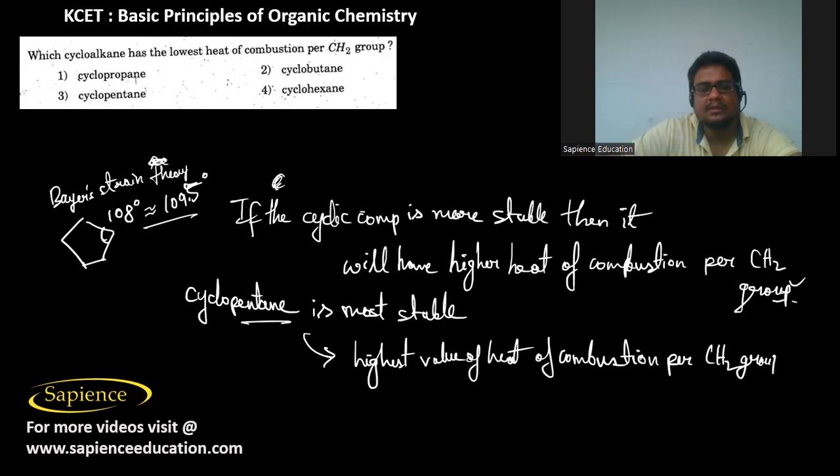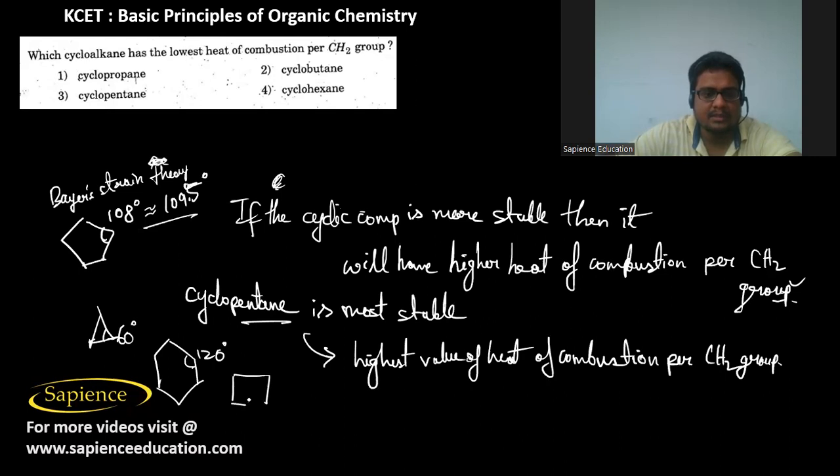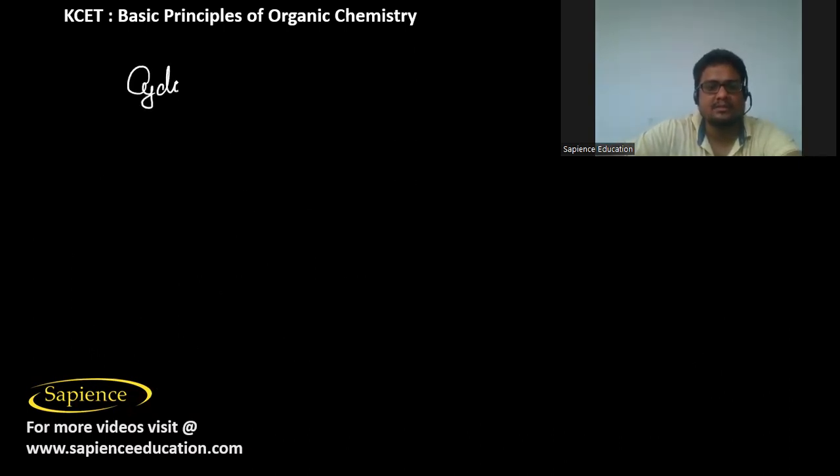But in case of cyclopropane, the internal bond angle is 60 degrees only, and for cyclohexane the internal bond angle is 120 degrees, and for cyclobutane the internal bond angle is 90 degrees. So now in cyclohexane the angle strain will be the highest, so cyclohexane is the least stable, since it has very high angle strain.